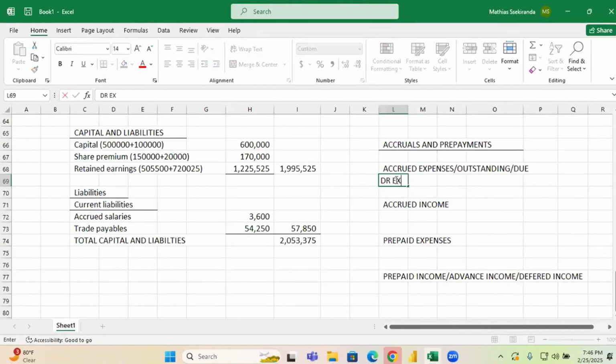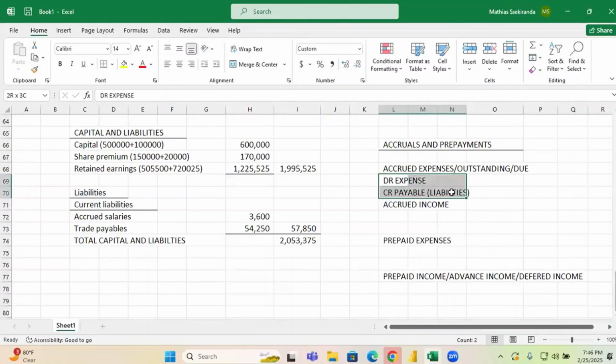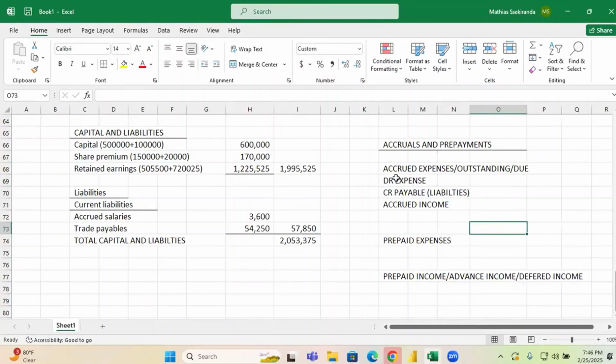Therefore, you recognize that expense by debiting the expense and crediting a payable, which is a liability. That's why we say that accrued expenses are liabilities, because you have not yet paid for them, though you have enjoyed the service. Okay? It is a liability.